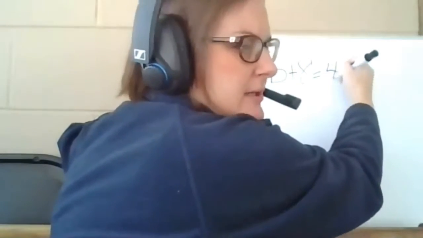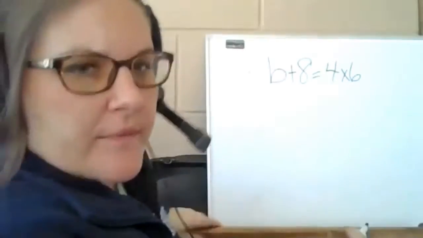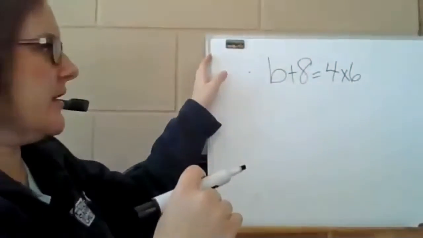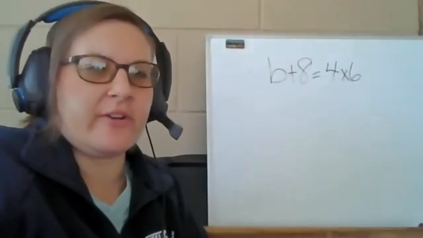Okay, 259. So look at the first one. It says b plus 8 equals 4 times 6. Right? Okay.